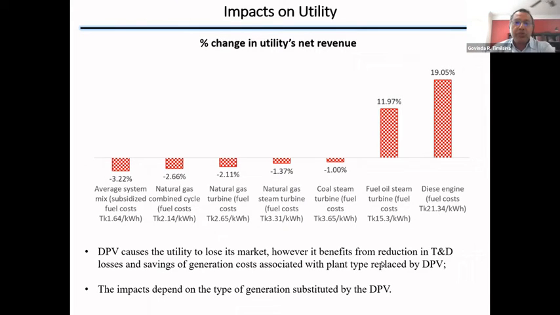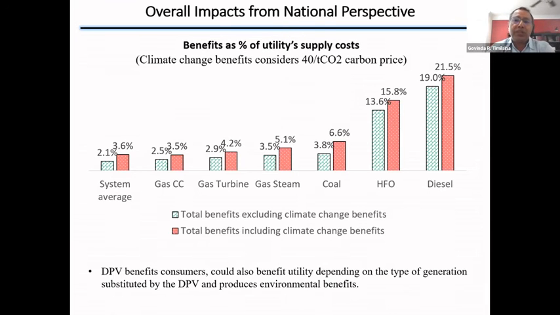So from the overall perspective, including carbon pricing, here we use $40 per ton of CO2, which is the kind of shadow price of carbon used by the World Bank, the lower bound. So you can see here on all cases, depending on what type of generation is replaced by the DPV, the benefit increases.